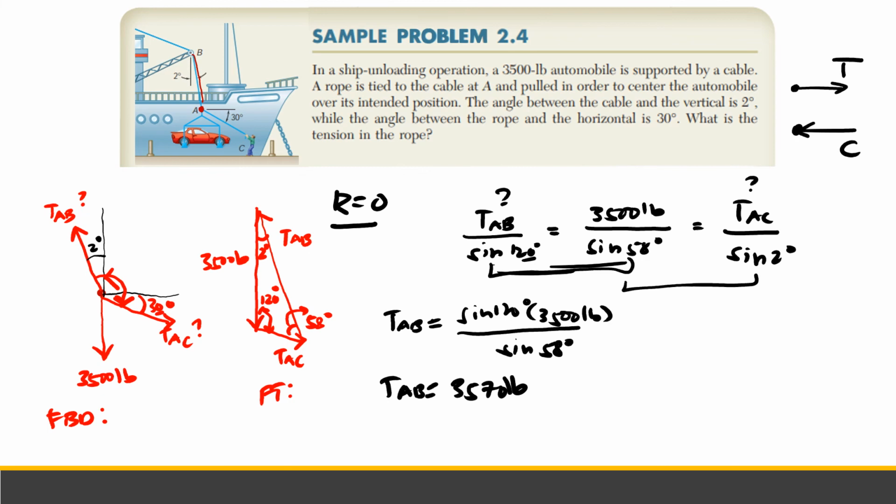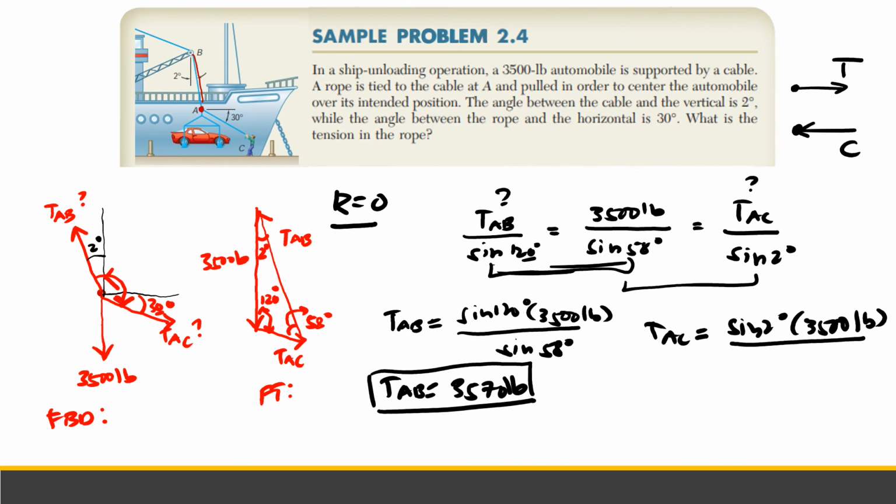So TAB is then equal to 3,570 pounds. Okay, so now yung TAC naman. So TAC is equal to sine 2 degrees times 3,500 pounds over sine 58 degrees. So TAC is equal to 144 pounds.